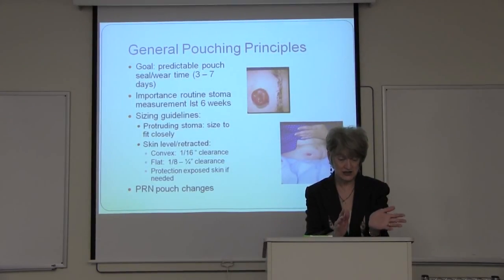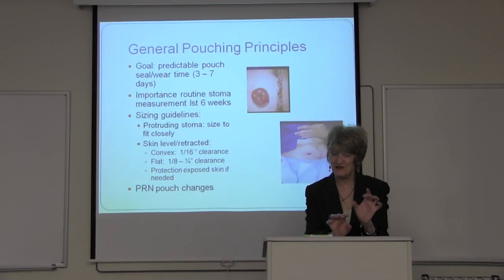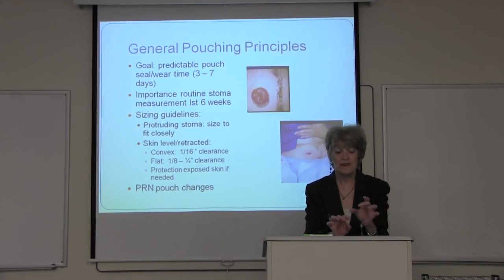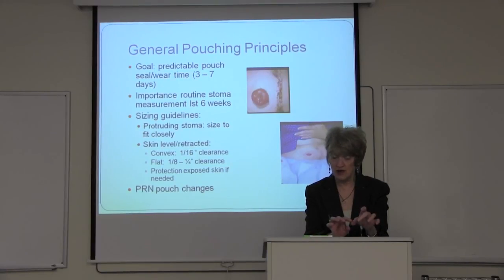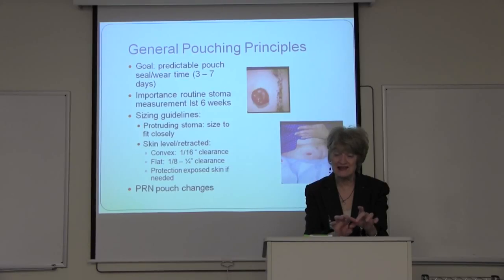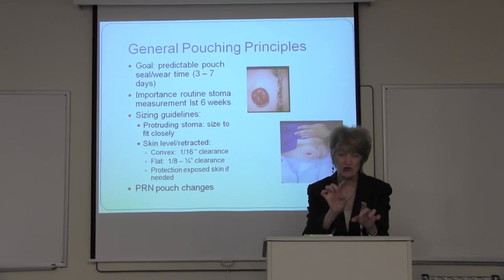Now, as you will see in your handout, some of the barriers have a plastic film, and if that plastic film rubs right against the stoma, it can cause stoma damage. So if the products that you use in your hospital, if the barrier has a plastic film, you want to teach patients and staff to size the opening in the wafer slightly larger than the stoma, about 1/16 inch clearance, just a tiny little rim of skin.